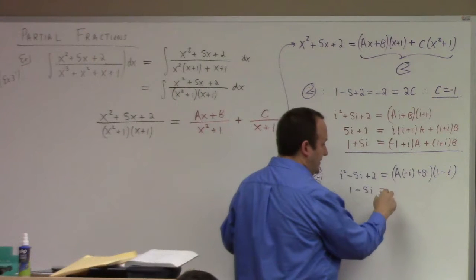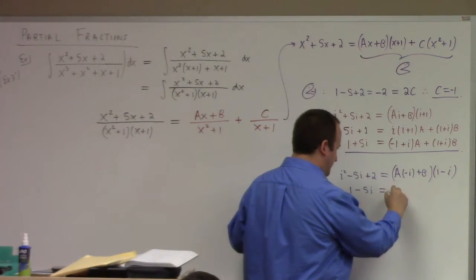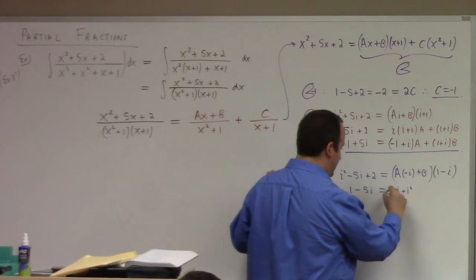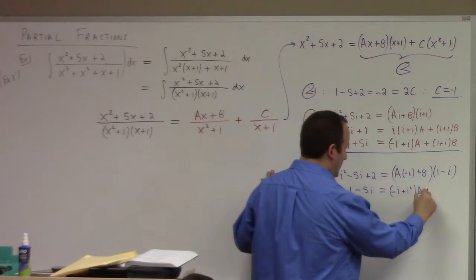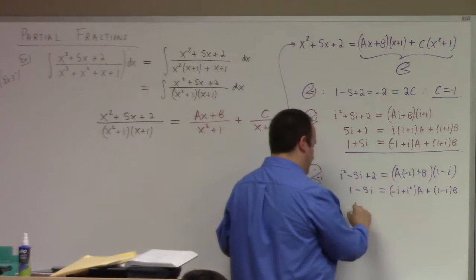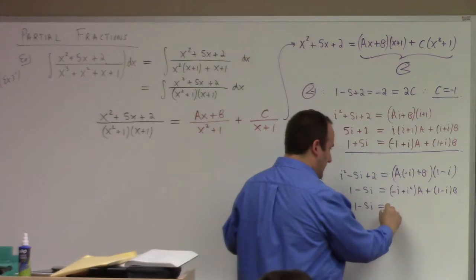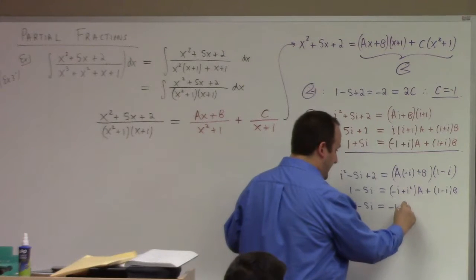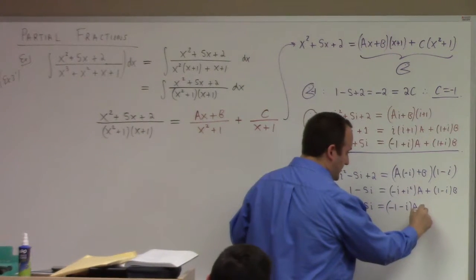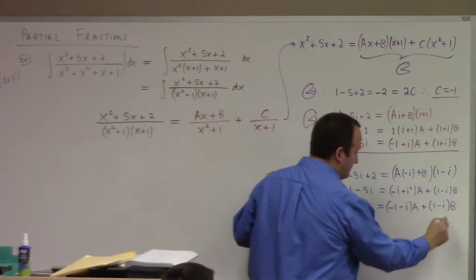On the other side, I get minus i plus i squared times a, plus 1 minus i times b. All right. 1 minus 5i is equal to minus 1 minus i times a, plus 1 minus i times b.